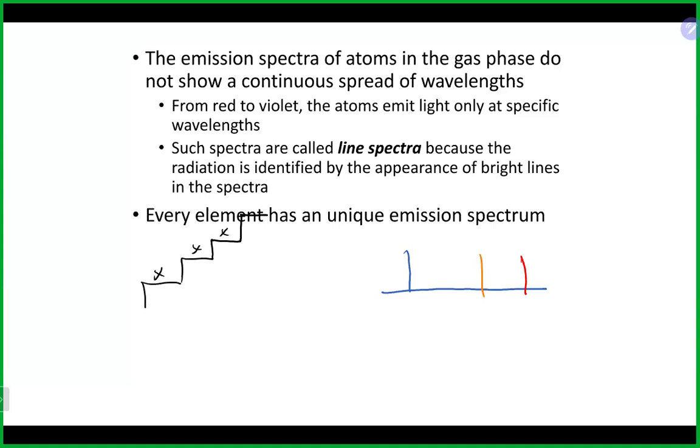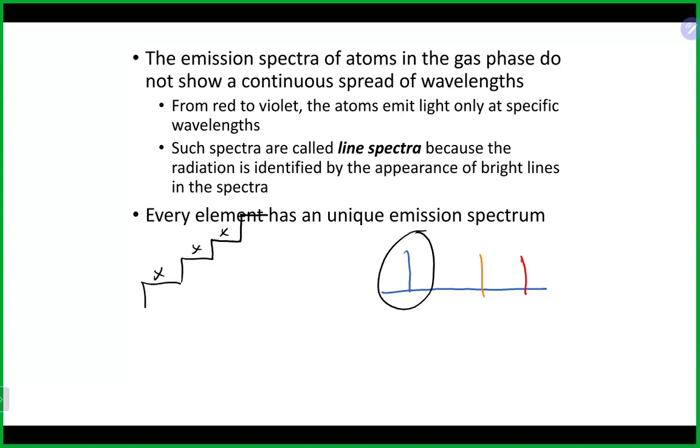And because those electrons can only be at certain energy levels, or really transition between certain energy levels, there's a fixed amount of energy that will always occur as they make those transitions. And because there's a fixed amount of energy, just like our calculations we just did, those energies will correspond to a specific wavelength. And at that specific wavelength, you will see, for example, a line of light at a specific color, especially if it's in the visible part of the spectrum.